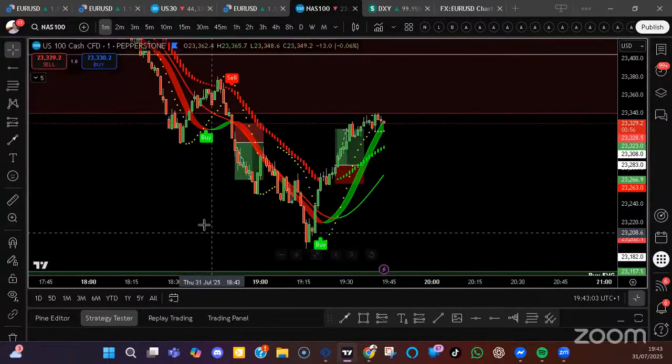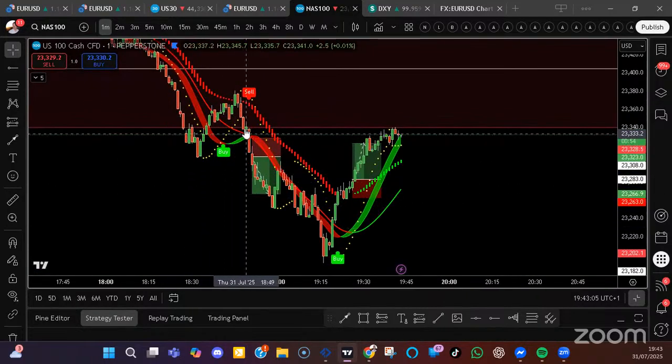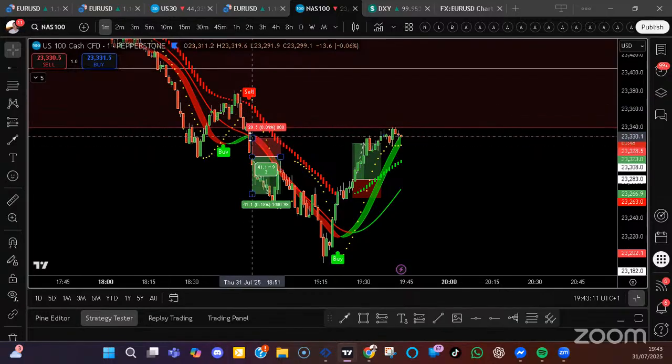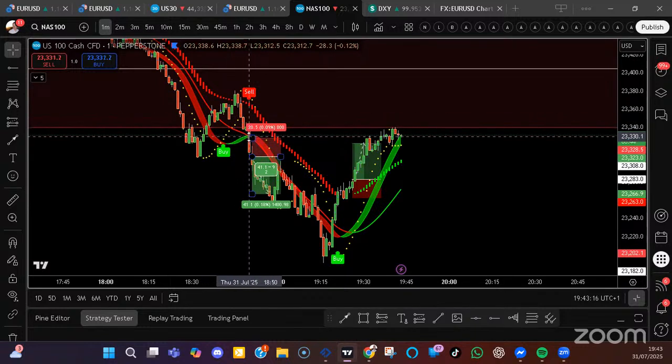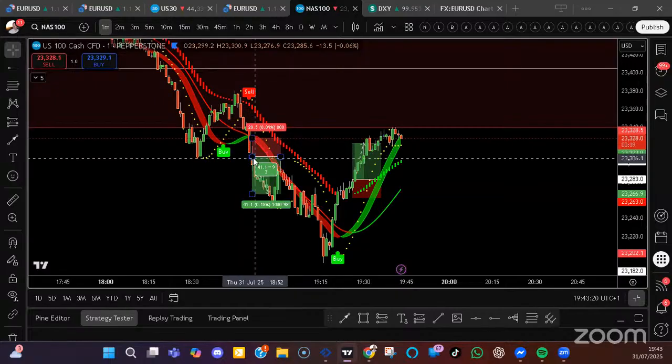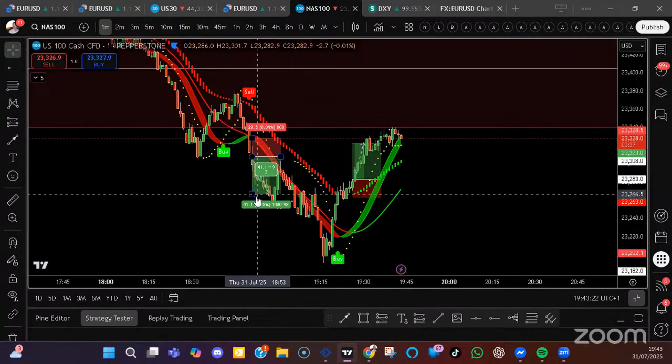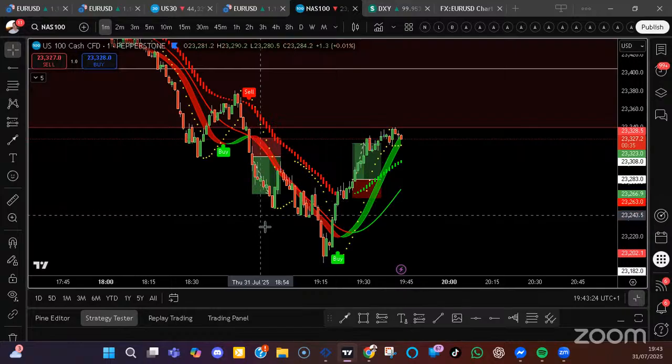And consequently, we got a good sell example here. Red wave, red trend. That's where the trend is below the wave this time. That's why the stop loss is there, because it's closest to the entry. And down we go over 2%.